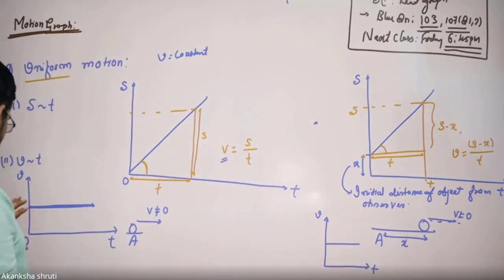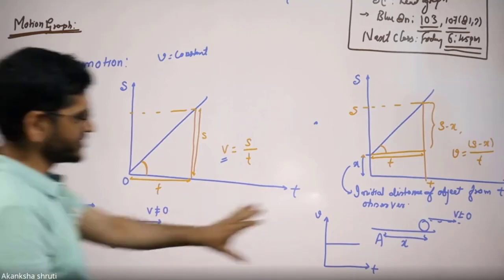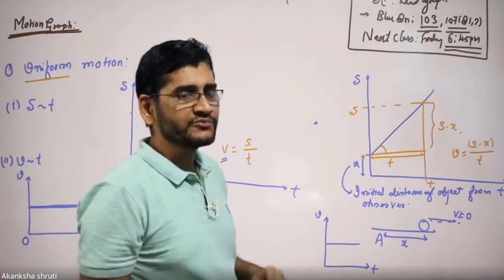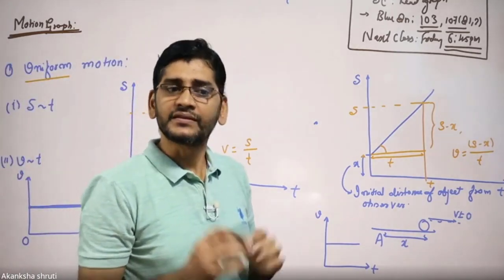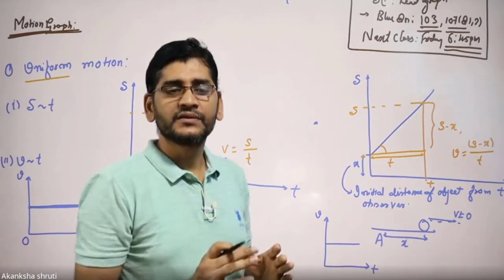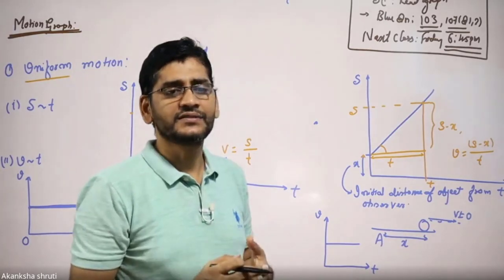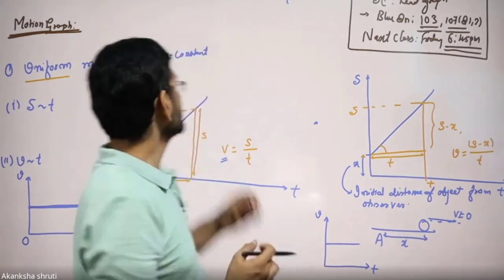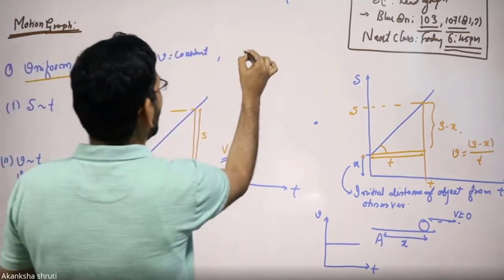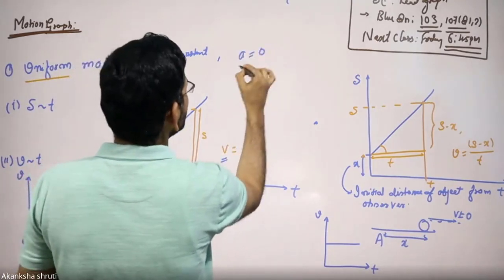So this is the representation of the speed time graph. As students, for uniform motion, the speed is fixed, so acceleration is not considered unless there is a direction change. So for this one, the value of acceleration is 0.